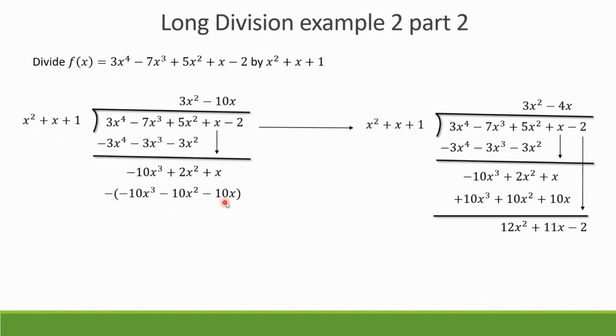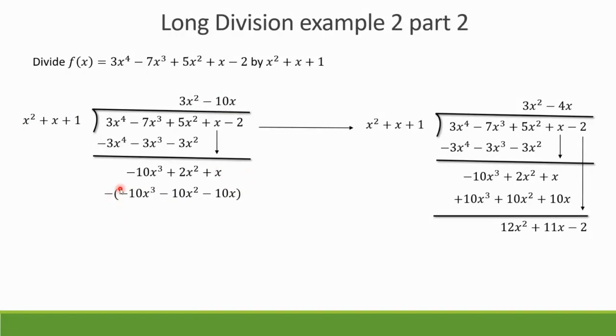That's what this is. We have minus 10x times x squared, that's minus 10x cubed, minus 10x times x, minus 10x squared, minus 10x times 1 is minus 10x, as you can see.